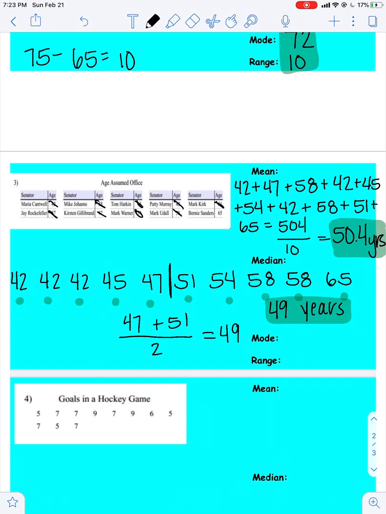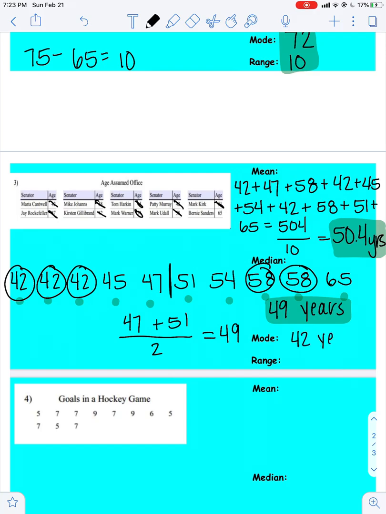So now to find the mode, I have 42 repeating itself, and I also have 58 repeating itself. But 58 only repeats twice, whereas 42 repeats three times. So I have 3 42s and only 2 58s.